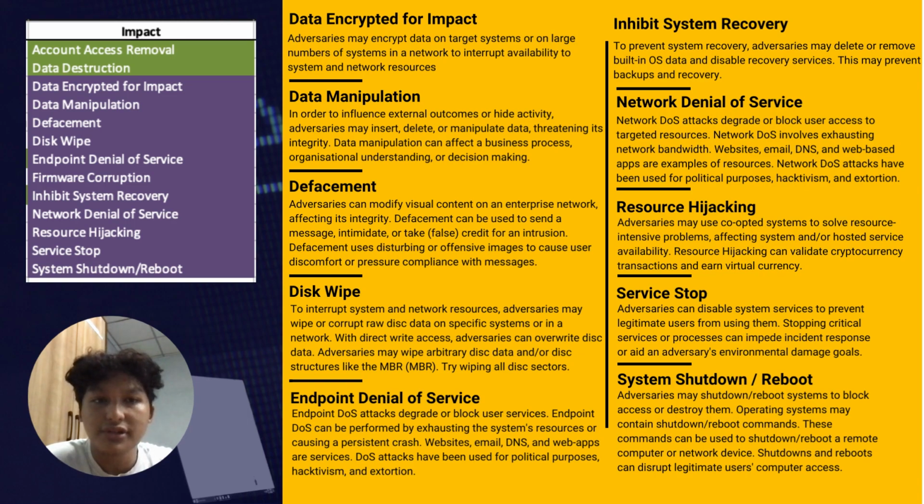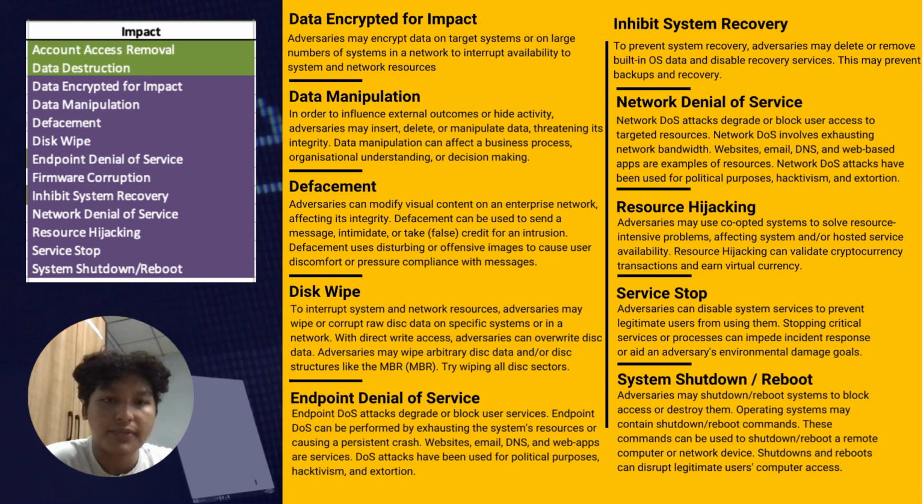Network denial of service. Network denial of service degrades or blocks user access to targeted resources. Network denial of service involves exhausting network bandwidth. Websites, emails, DNS, and web-based apps are examples of resources. Network DoS attacks have been used for political purposes, hacktivism, and extortion.